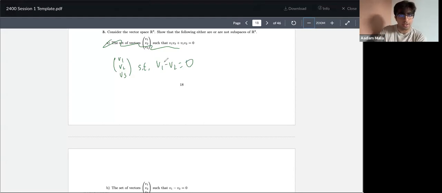Okay, let's not spend too much time. Let's realize that if V1 minus V2 equals 0, basically we're saying that V1 has to equal V2. So it's a good idea to get a picture in your head of what the subspace looks like.